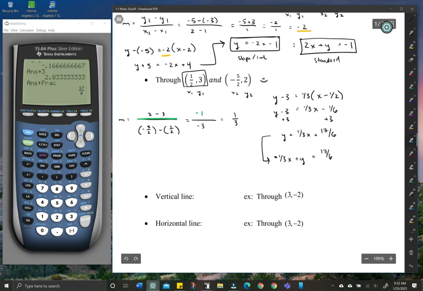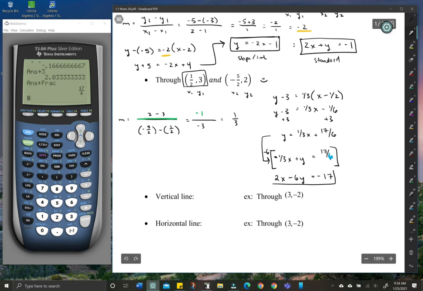That'll get rid of all the fractions, which is going to be nice. So negative 6 times negative 1/3 is going to be 2x minus 6y equals negative 17. So that is proper standard form, and above here was slope-intercept form. Hopefully you're getting the hang of those now.